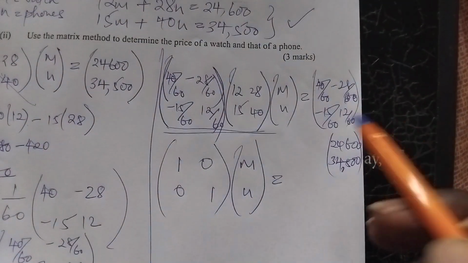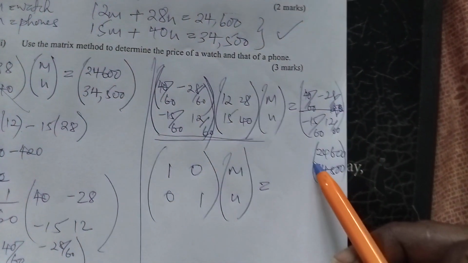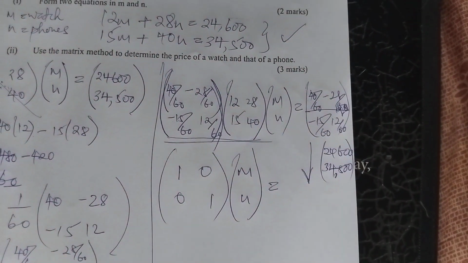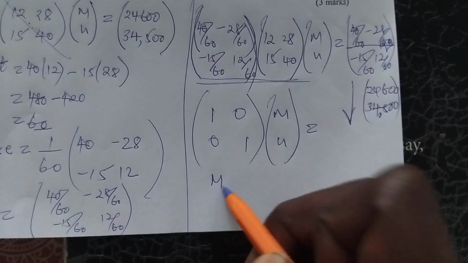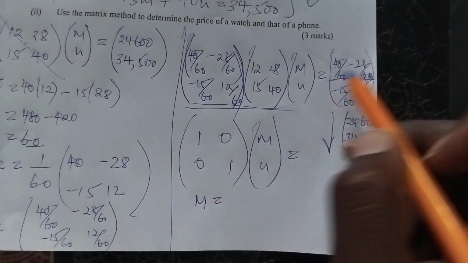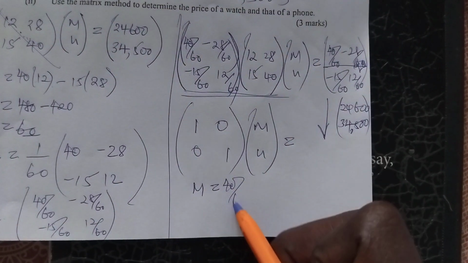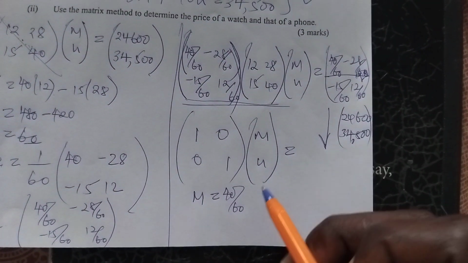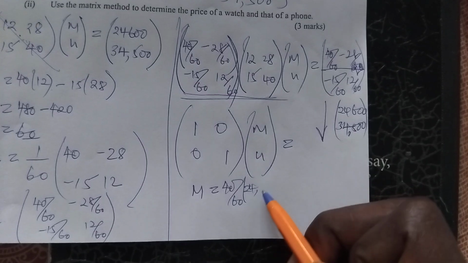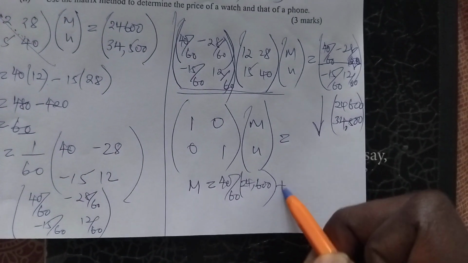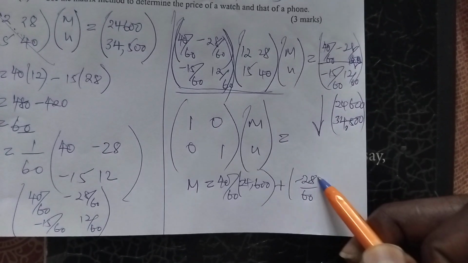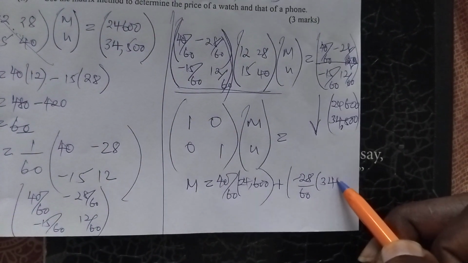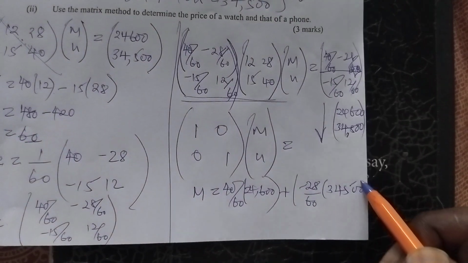Then on the other side, we take the row multiplied by the column. If you want the value of M, the row will be 40 over 60 multiplied by 24,600 plus negative 28 over 60 multiplied by 34,500.